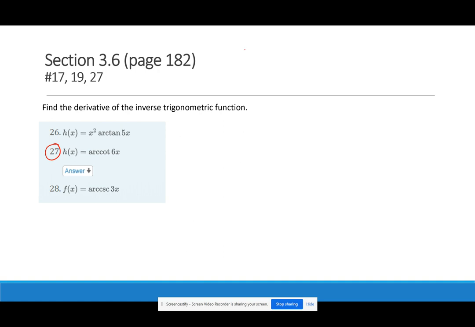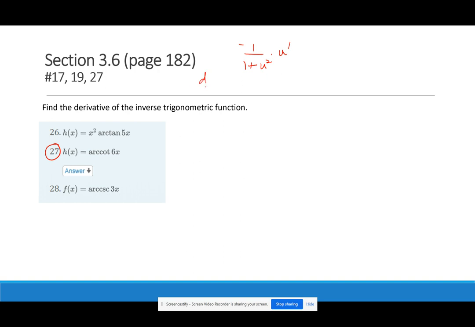So to start with, I'm thinking of the one I know, the tangent one. And the tangent one, I would do 1 over 1 plus u squared, and then the derivative of u if I were doing tangent. Okay, so if I'm doing arc cotangent, I would just put a negative on that.